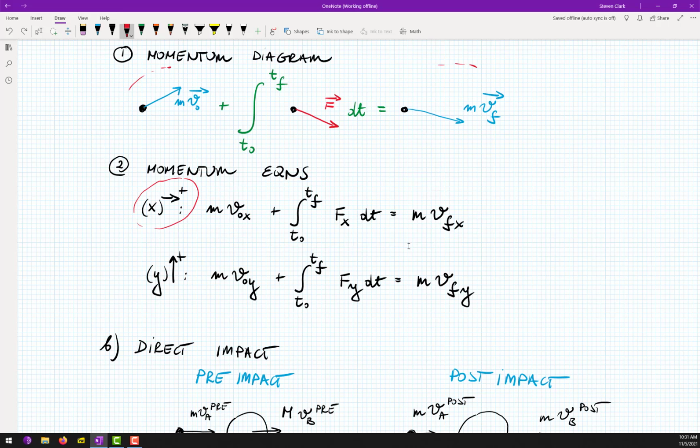And then, if needed, I would write also what happens in the y direction. However, in our solutions, we were not writing these two usually. We just said, okay, let's write only for this direction, because something interesting was happening along only one of these directions.